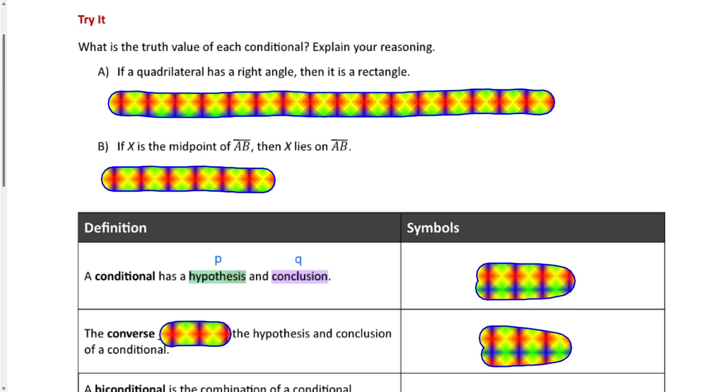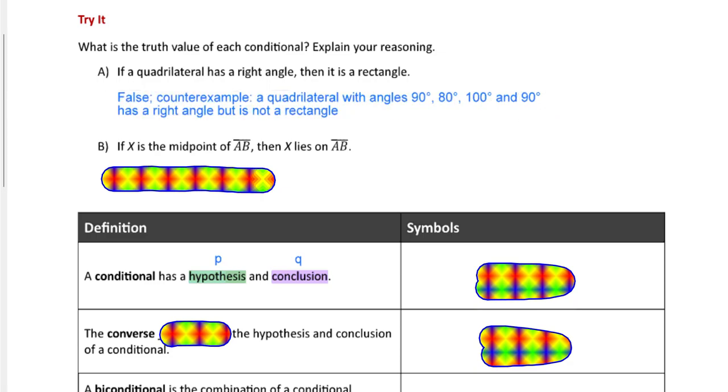If it has a right angle, it's not necessarily a rectangle. So for us, we are proving this statement to be false. What is our counterexample? A quadrilateral could have a 90-degree right angle, but it could have other angles that are 80 and 100, and another one that's maybe 90 degrees.